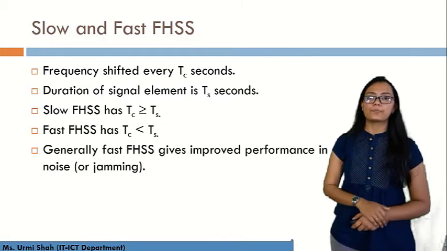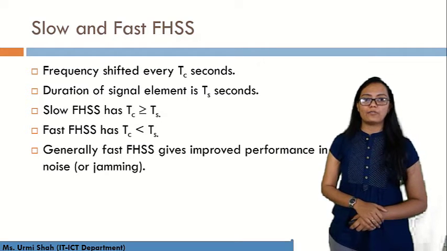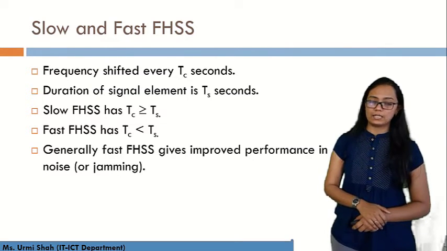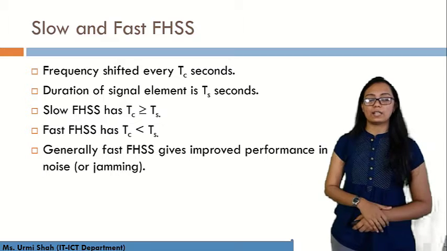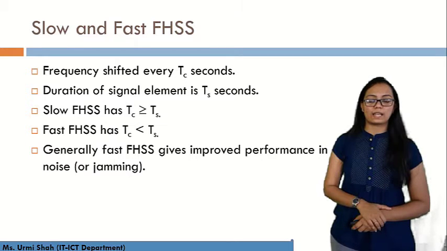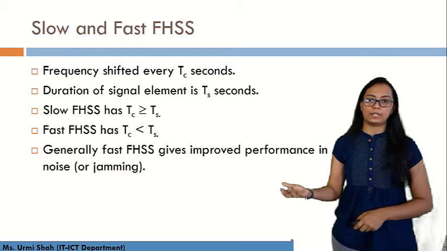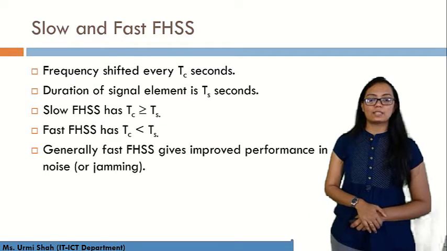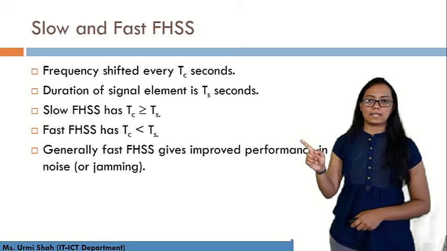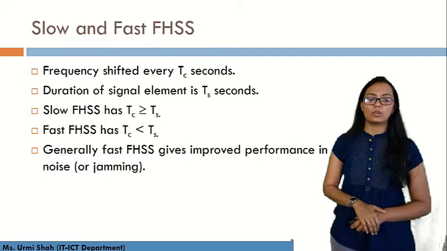Slow and fast FHSS means the frequency is shifted every TC seconds. TC is the communication time or channel time period. The duration of the signal element is TS seconds. TS stands for signal time duration.